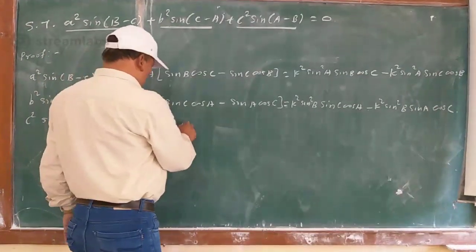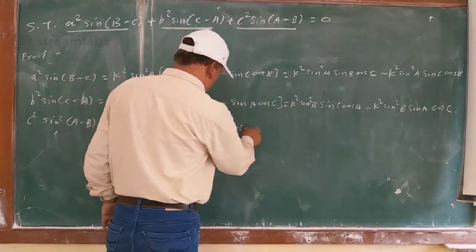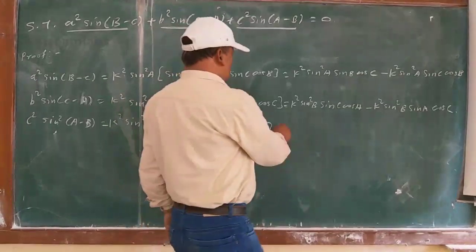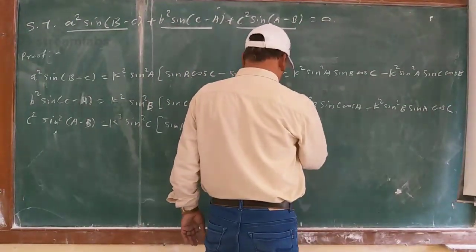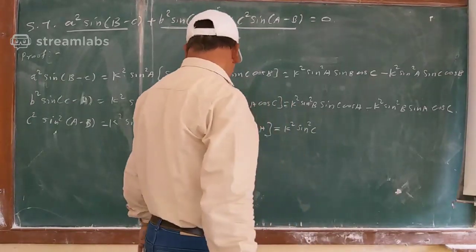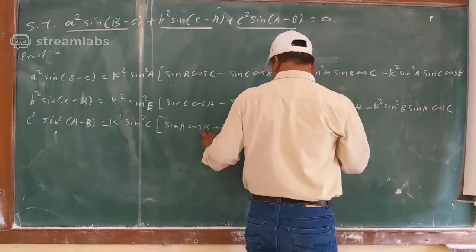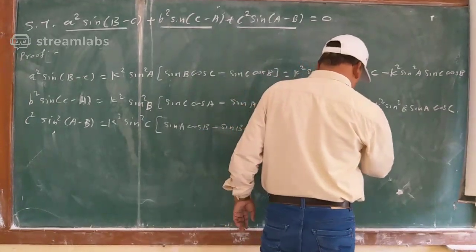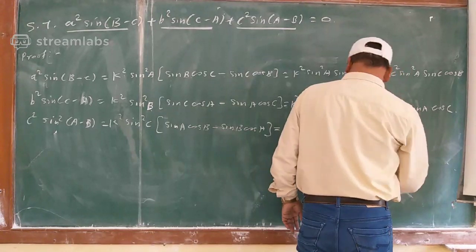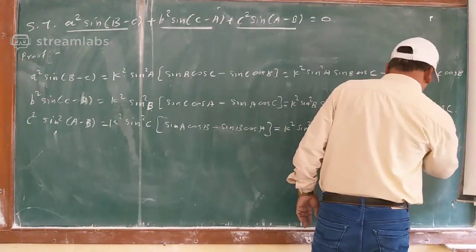So sin A cos B minus sin B cos A. So by multiplication, K square sin square C sin A cos B minus K square sin square C sin B cos A.